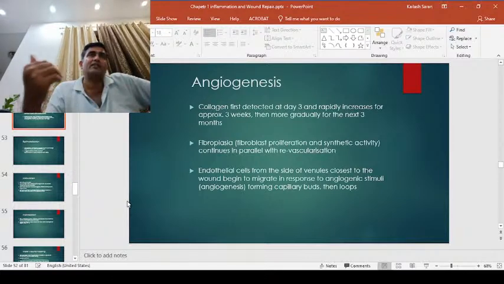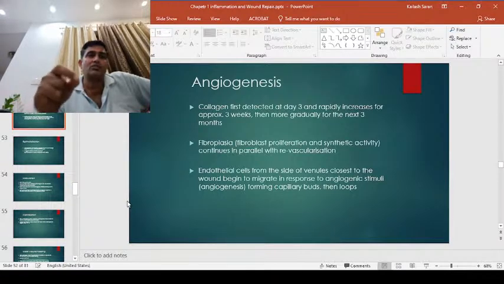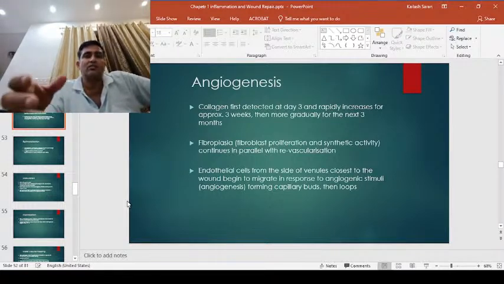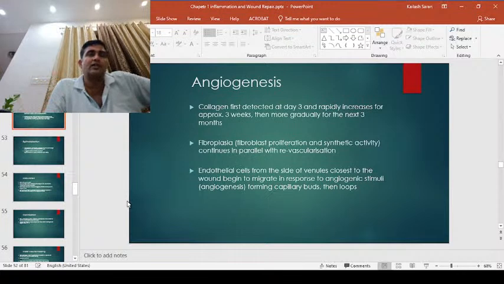Definitely angiogenesis will be affected, because atorvastatin reduces vascular formation. It inhibits neovascular formation, that's why angiogenesis is reduced in that case. So wound healing in a patient on atorvastatin will be somewhat delayed. So this is a basic concept.